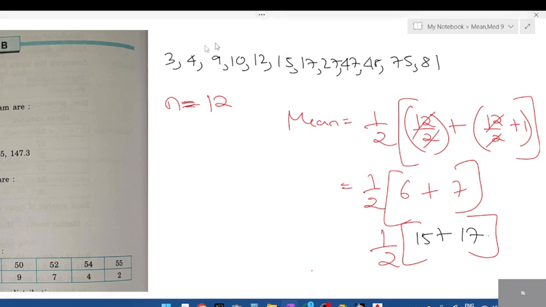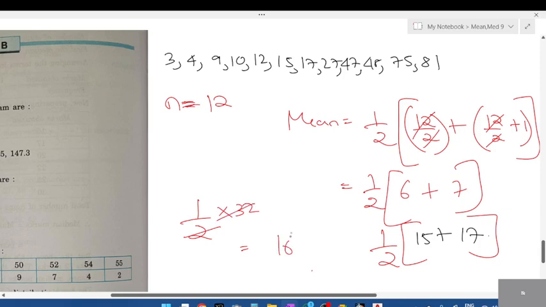Now you all can add. Half into 15 plus 17, which is 32. The answer is 16. Don't add 6 plus 7, it is the sixth observation plus the seventh observation.